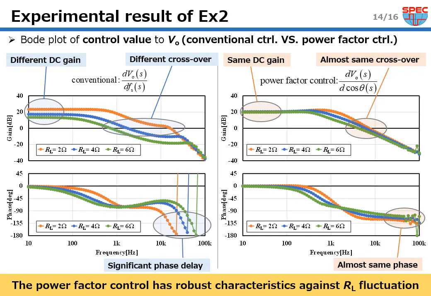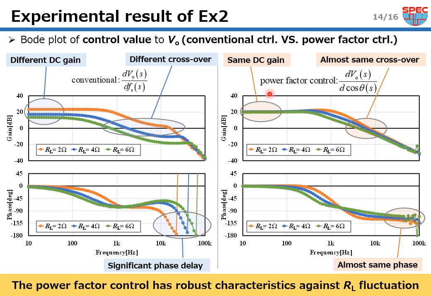Now, the next experiment. Here is the experimental result comparing the Bode plot of control value to VO. The left figure shows the result of conventional control. As can be seen from this figure, the conventional control has different DC gain and crossover frequency for each RL condition. In addition, it has significant phase delay.